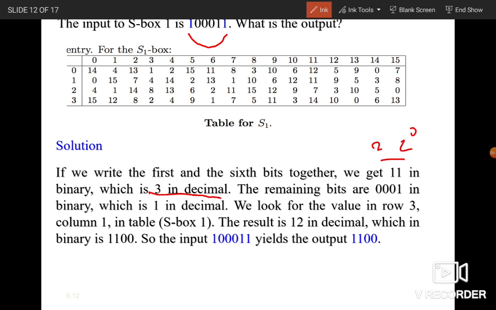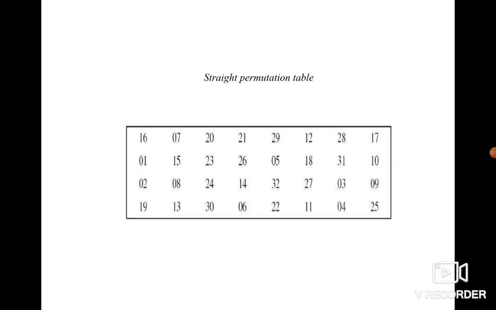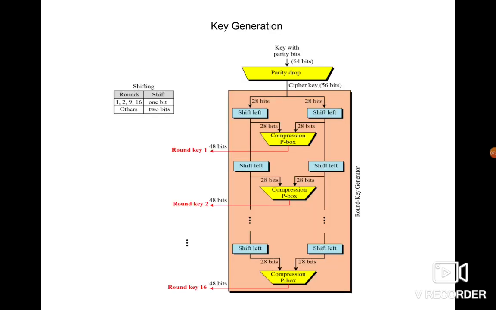This indicates the row, so we search the value in row 3. Then we combine the middle 4 bits to identify the column, 0 0 0 1, which is 1. So row 3, column 1, and our value is 12. So 12 is substituted. This is how we do the substitution.